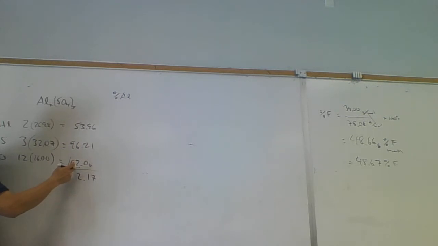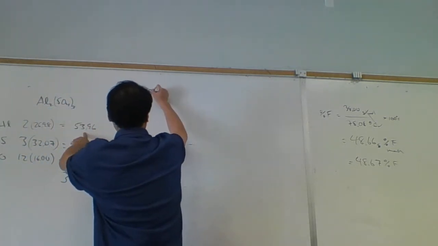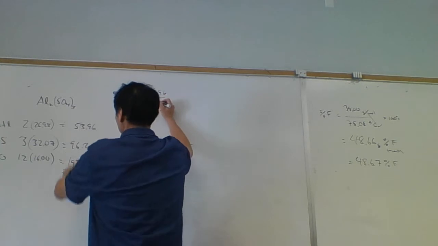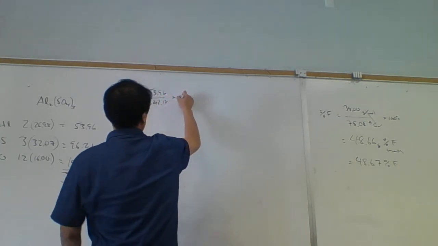342.17. Is that what you guys got? Okay. So let's do the percent aluminum. I have 53.96 total aluminum over 342.17 total times 100%.